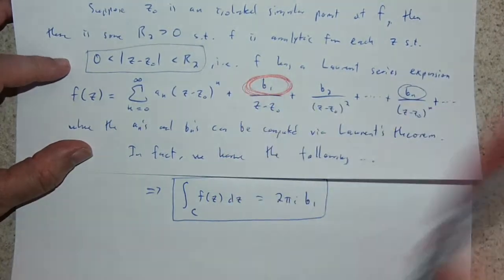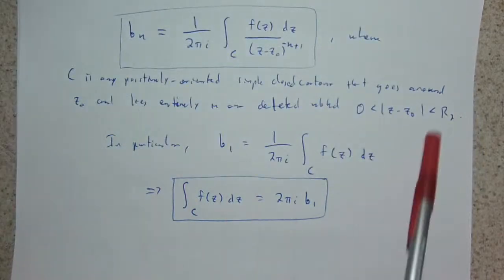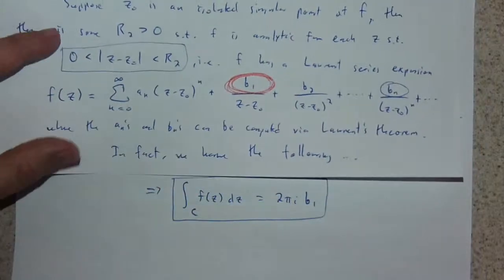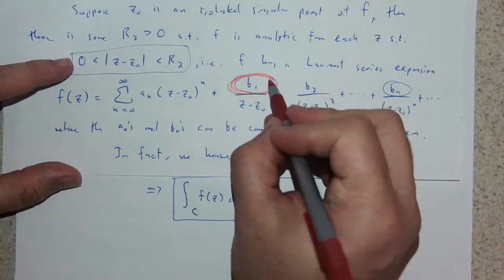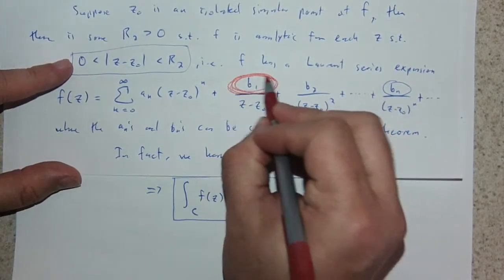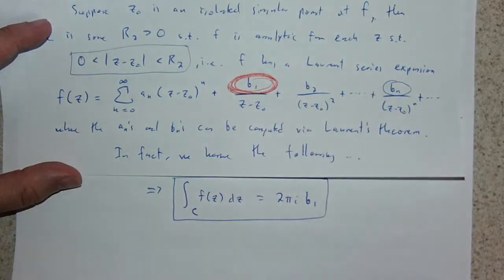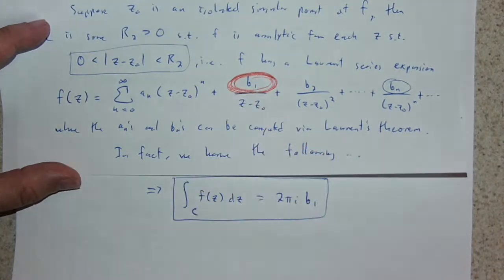It's a special thing because it shows up directly from Laurent's theorem, that this integral of our function in question over such a contour that goes around our isolated singular point can be computed just by multiplying that coefficient by 2 pi i. Okay, so there's something special about this. This encodes a lot of info if what I'm concerned with is integrating the function f that we started with. There's a lot of info encoded here, okay?